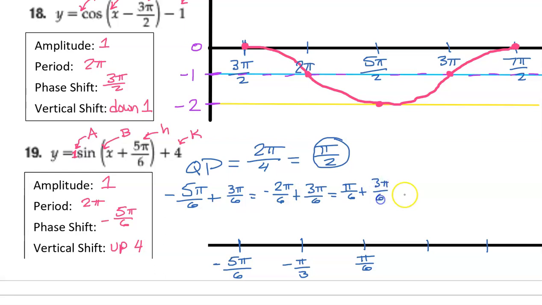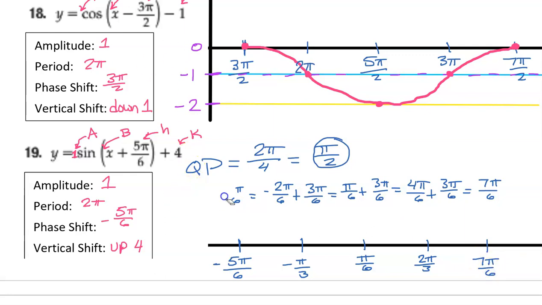Okay, I'm adding another 3 pi over 6, so that'll be 4 pi over 6, which reduces to 2 pi over 3. If I add one more quarter period, plus 3 pi over 6 makes 7 pi over 6. So that'll be the final value.